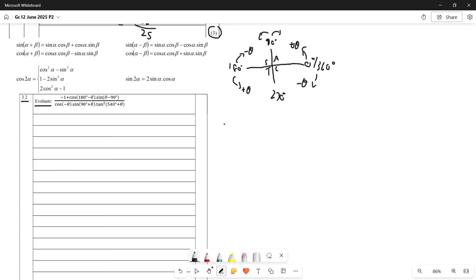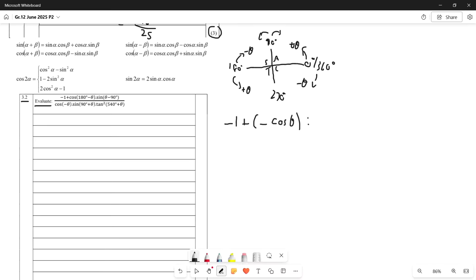So minus 1, I'm just going to leave as minus 1, but cos of 180 minus theta. So 180 degrees minus theta places us in the sine quadrant, which means only sine is positive there, which means it becomes a negative cos theta. What we're trying to do is drop the 180, drop this whole angle here, so we can just have it in terms of theta, and because only sine is positive in the second quadrant, it is therefore negative.